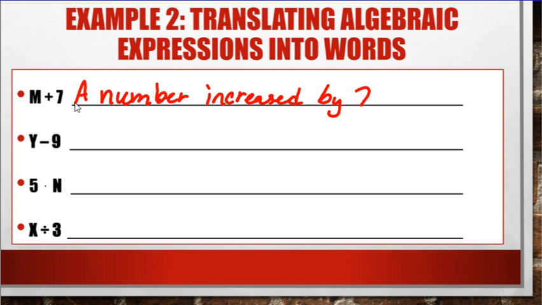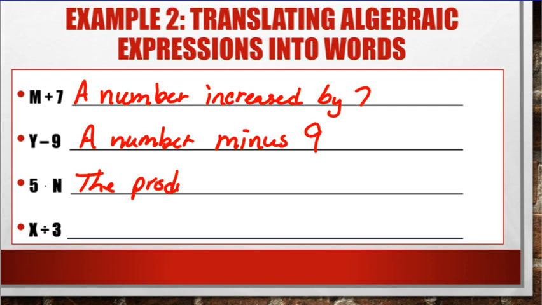All those would work. Here I will do a number minus 9. And for that number there, you can just write the numerical number instead of writing the word 9. And here I can say the product of 5 and a number.